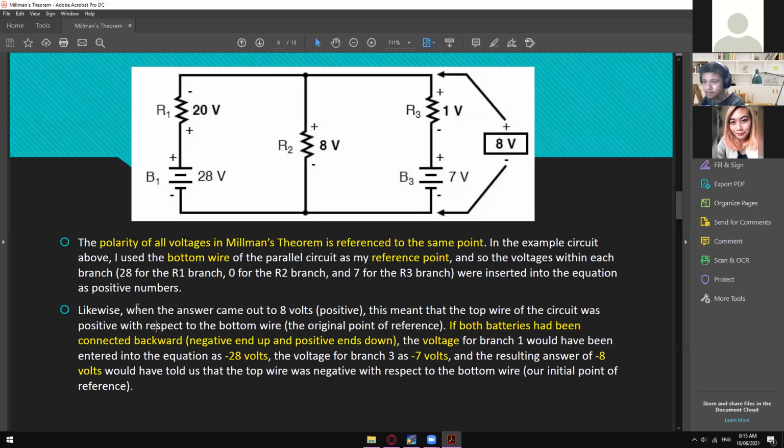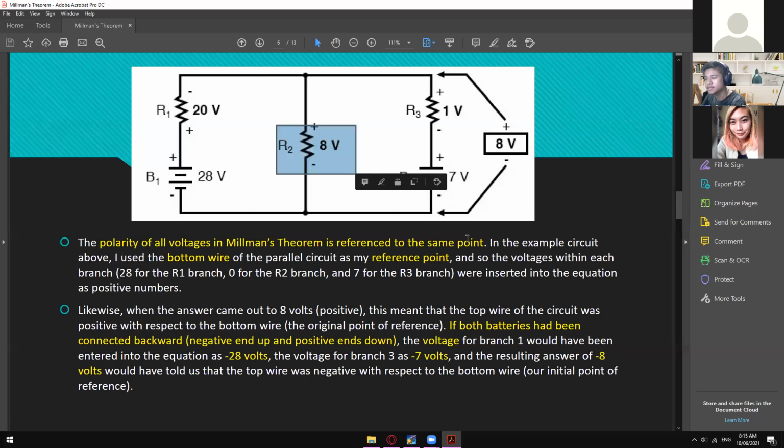However, if both batteries had been connected backward, like the negative side is on the upper and then the positive side is on the bottom, then just invert everything. So you will have a negative 28 volts right here, negative 7 volts, and then negative 8 volts right here.